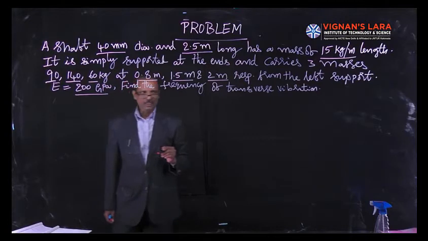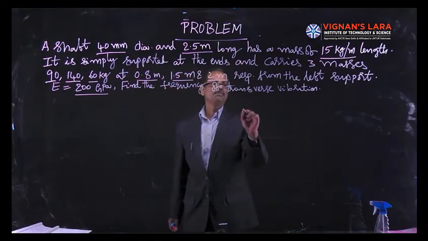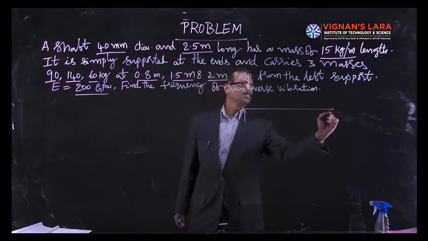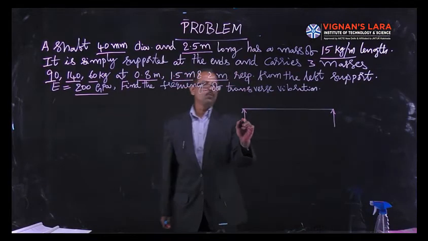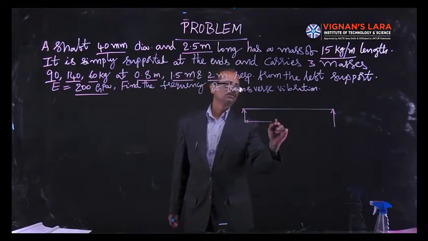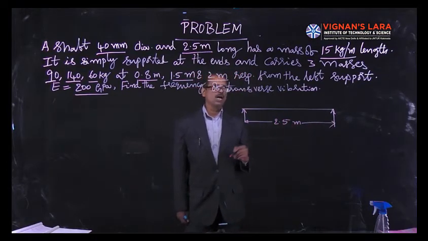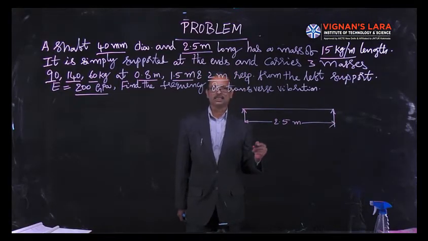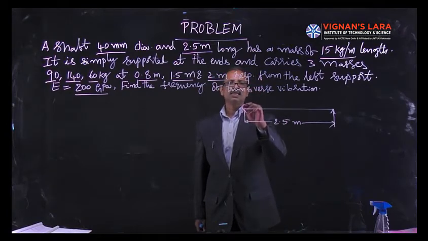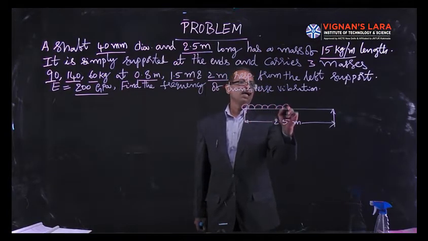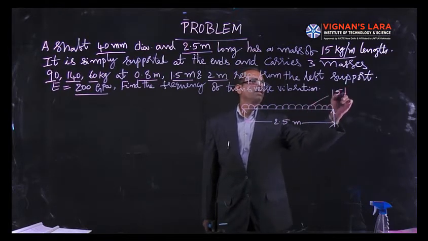Okay, so let us first draw the sketch for the given problem. It is a simply supported beam of length 2.5 meters, and a mass of 15 kg per meter length, so the weight of this is a UDL, and the UDL magnitude is given as 15 kg per meter.